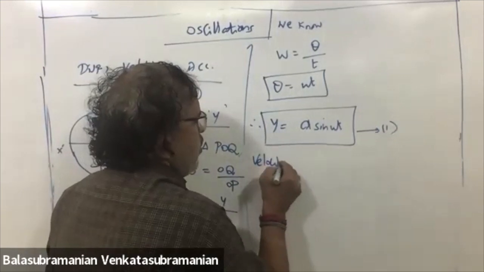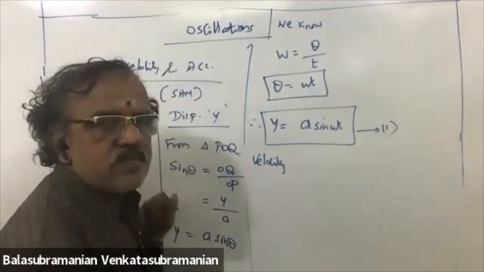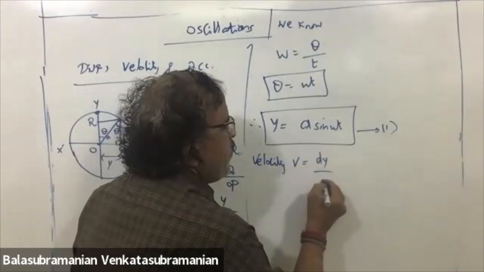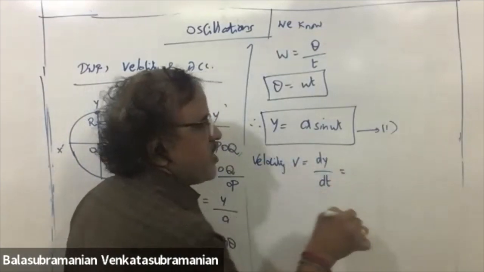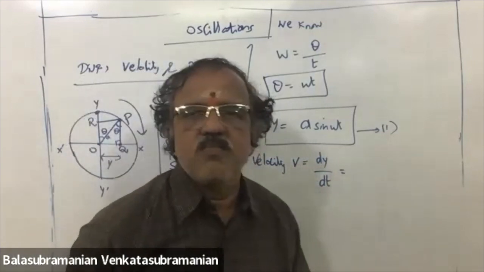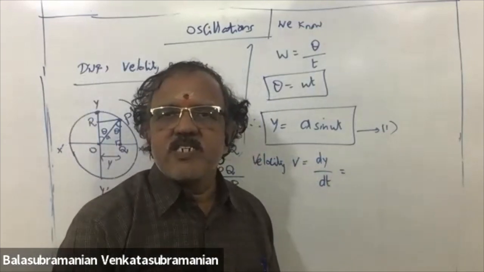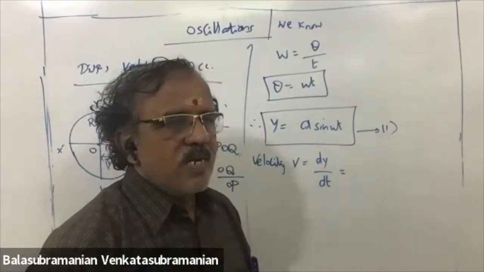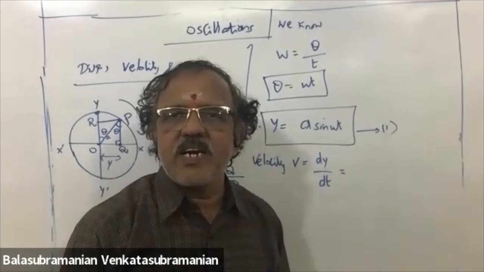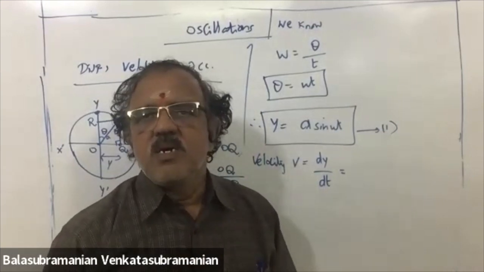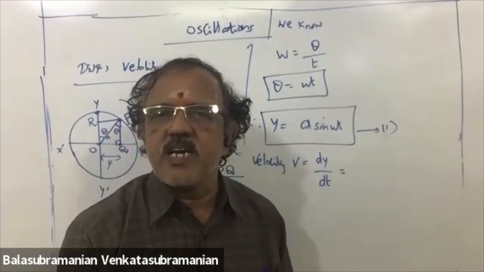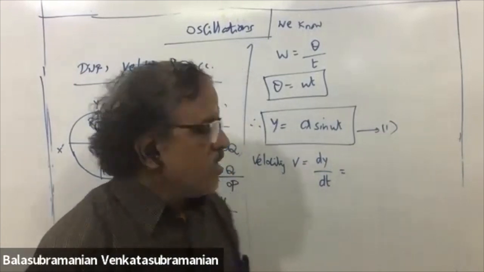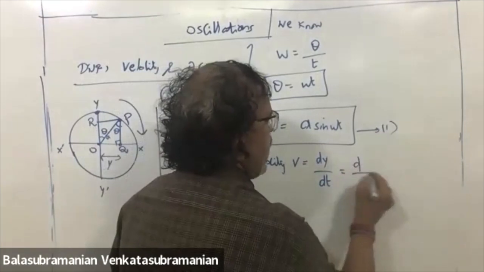Velocity. V is equal to, if you differentiate displacement, you will get velocity. Differentiation, basics, you would have already studied in mathematics. Differentiation of sin theta is cos theta. Differentiation of cos theta is minus sin theta. So in this case, differentiate y.